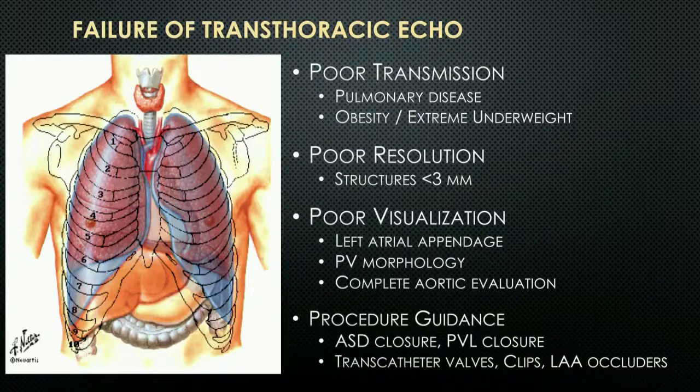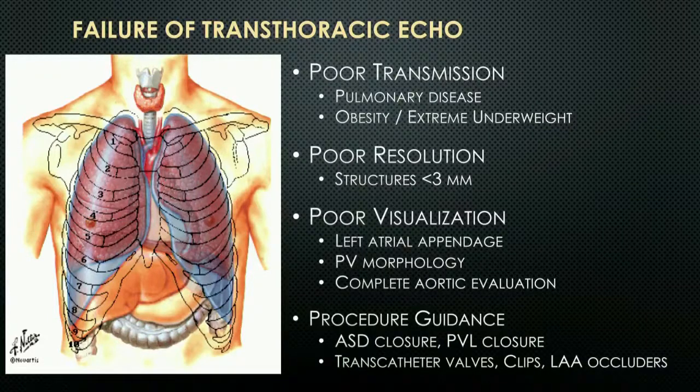Even in a patient who has ideal windows, who makes beautiful pictures, structures less than 3 millimeters may not be visible, especially if they're highly mobile, on transthoracic imaging. In addition, there are certain structures that are conveniently hidden from transthoracic imaging for the most part, although you can occasionally see a left atrial appendage.